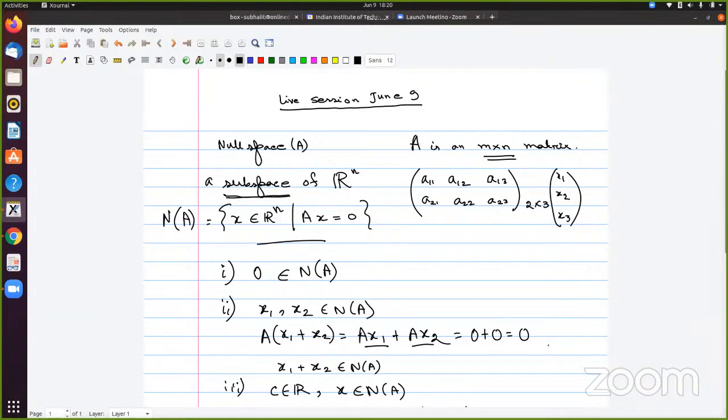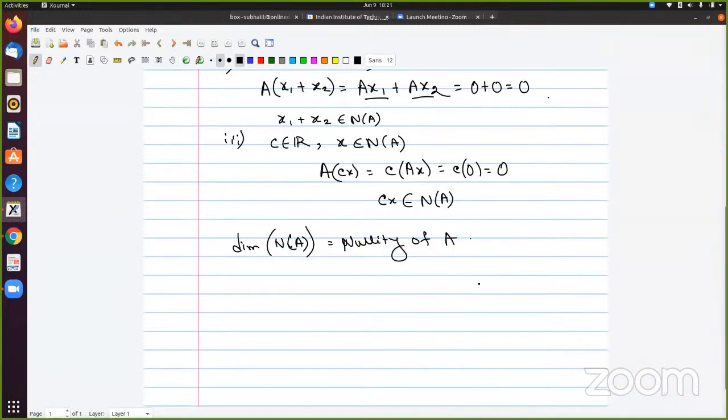According to this definition, this is nothing but the solution space of Ax equal to 0, where A works as the coefficient matrix for the system of linear equations. Till this part it is okay?